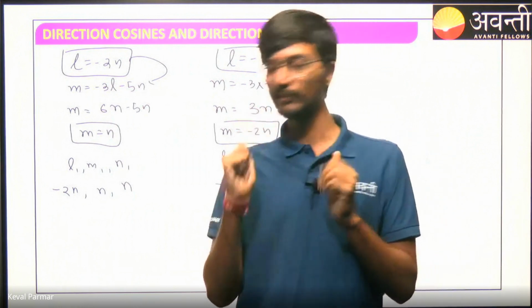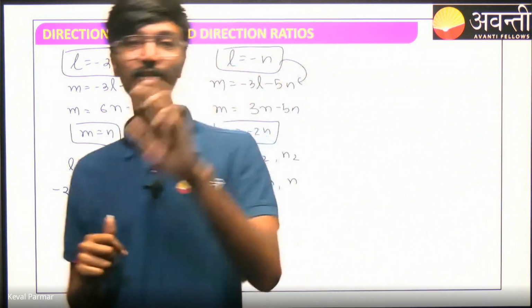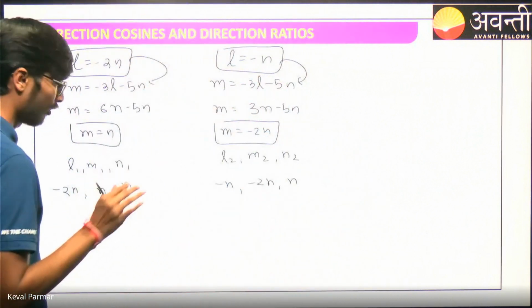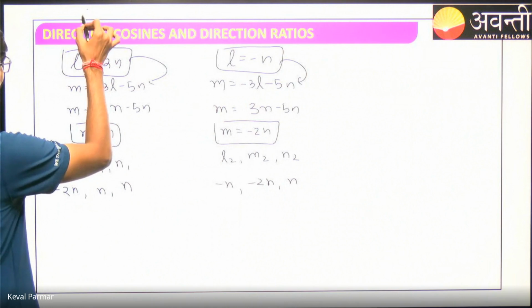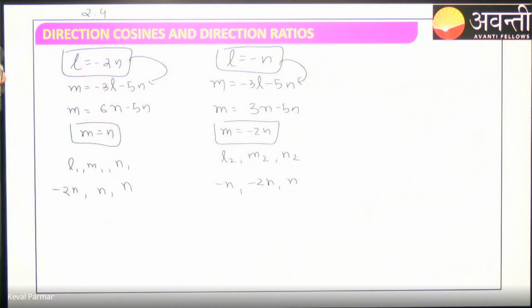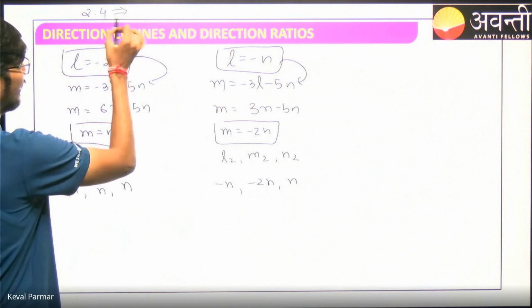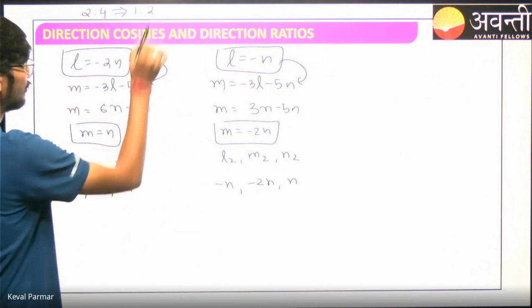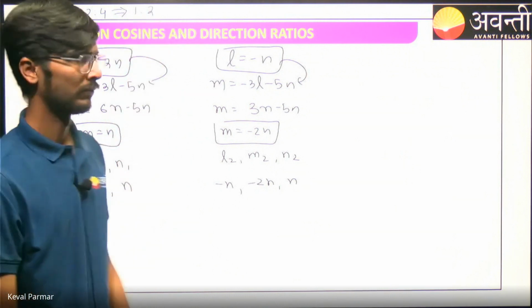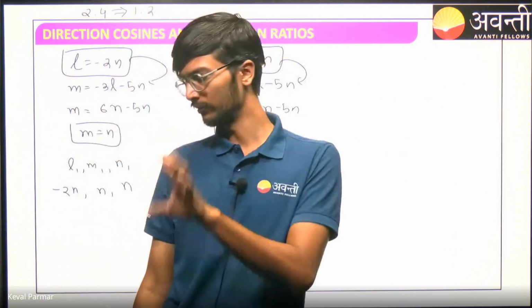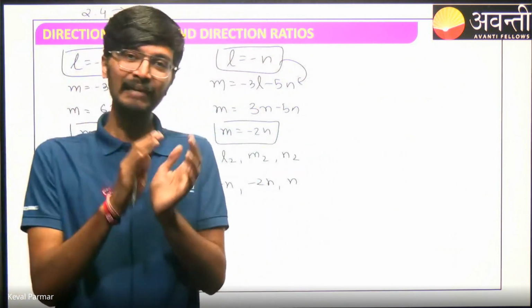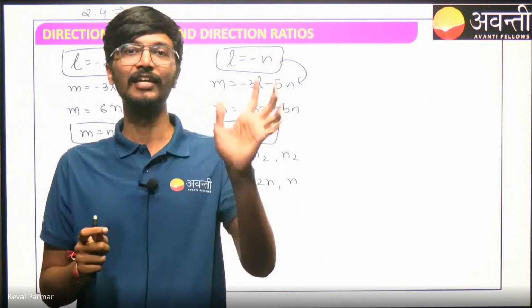And as the name suggests, they are ratios. So what do we mean by ratios? Suppose I got a ratio 2:4. I can reduce it by dividing by 2 and write 1:2. Correct? I can write 1:2 in the simplest form. So the same thing can be done with direction ratios.